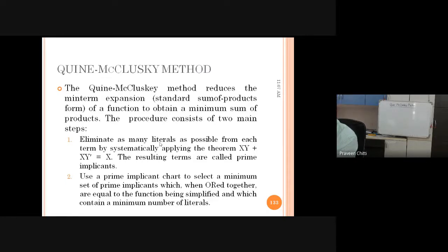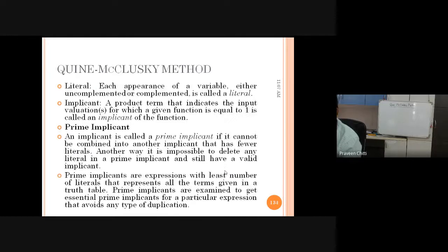So eliminate as many literals as possible from each term, and then use a prime implicant chart to select a minimum set of prime implicants which, all together, are equal to the function being simplified. So first we have to find the prime implicants, then use the prime implicant chart, and from that chart you should select the minimum set of prime implicants, and then add all those prime implicants together to get the SOP solution.